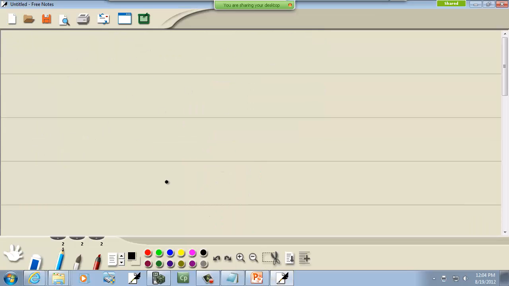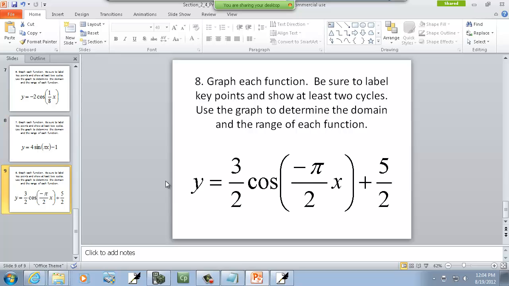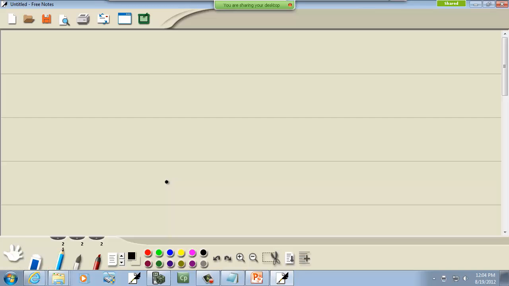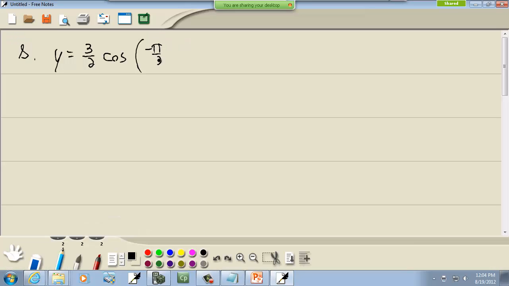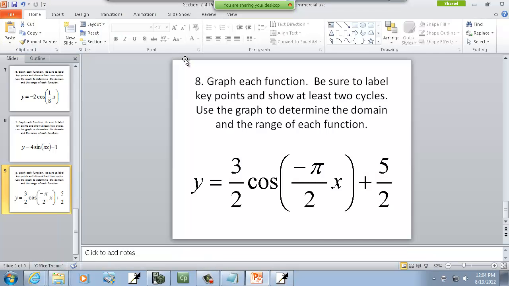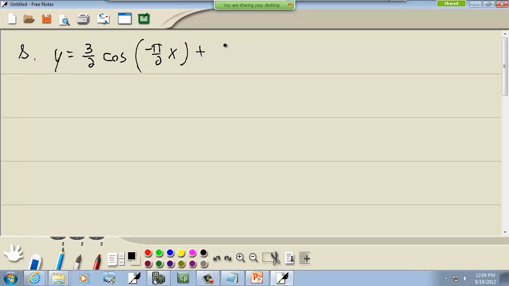And let's look at our last problem. Okay, so I got y is equal to 3 halves cosine of negative pi over 2 x plus 5 halves.